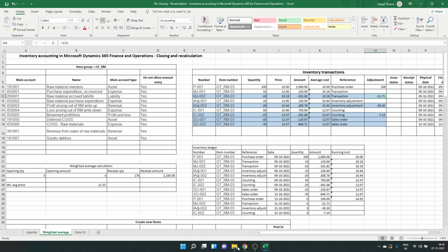In this case, while posting the real-time cost amounts for issue transactions, the running average cost is less than the monthly weighted average cost, and that's why the negative adjustments are appearing in this particular case.